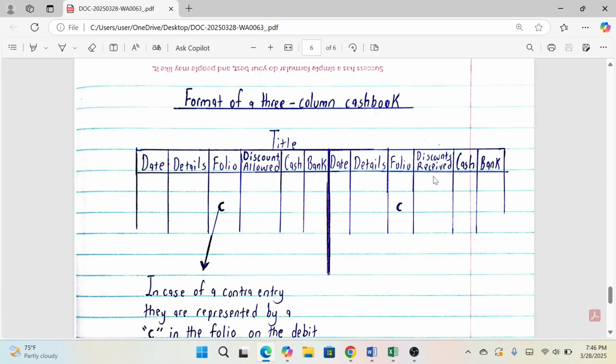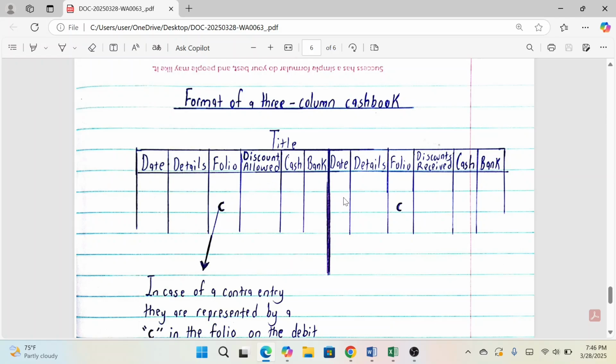I told you the reason why discount allowed is on the debit side: it is considered an expense, and expenses appear on the debit side, as they have a normal debit balance. The reason why discount received is on the credit side is because it is considered a gain, or what you can call income, and you know that incomes have a normal credit balance, so they appear on the credit side.